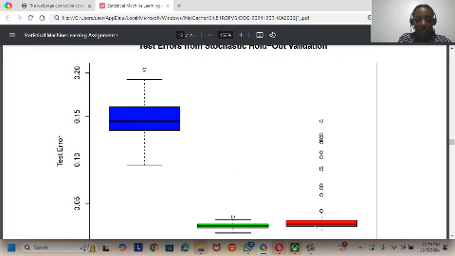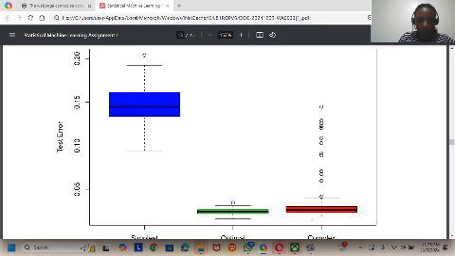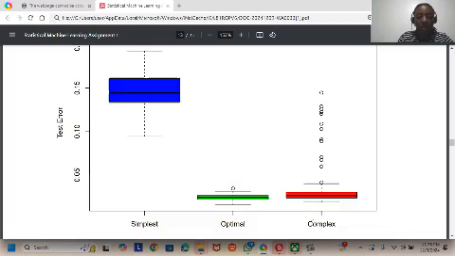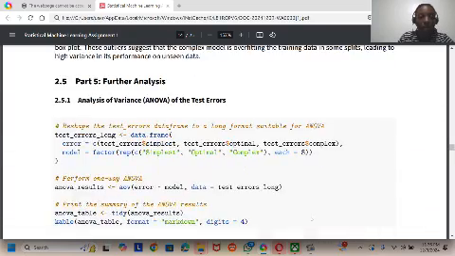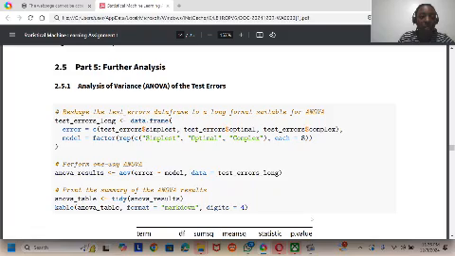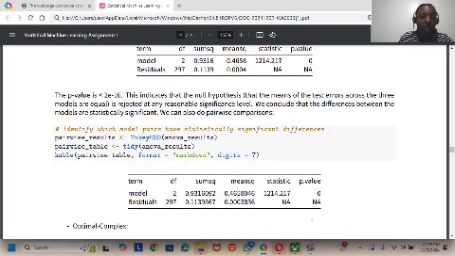The complex model has a slightly higher median test error, performing worse on the unseen data, with a wider spread and notable outliers.